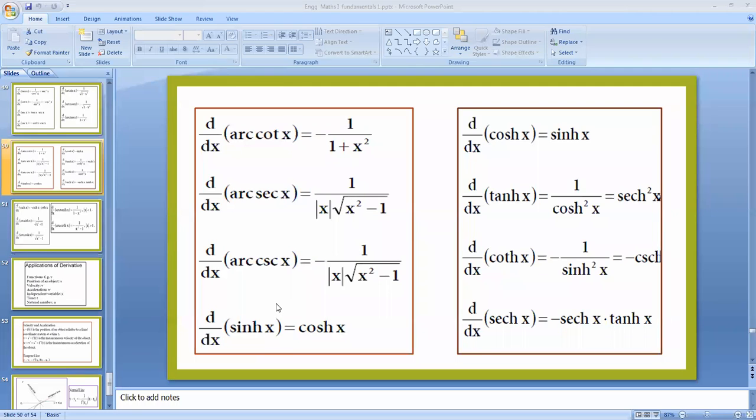There are two kinds of Euler's formulae: one for trigonometric functions and one for hyperbolic functions. Euler's formula in trigonometric form is e raised to i theta equals cos theta plus i sin theta, and its complex conjugate is e raised to minus i theta equals cos theta minus i sin theta.